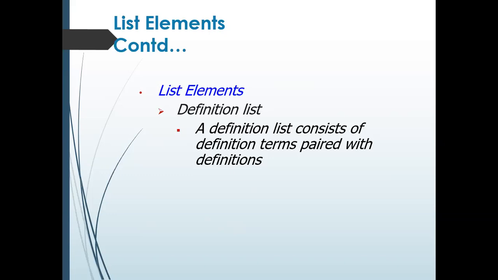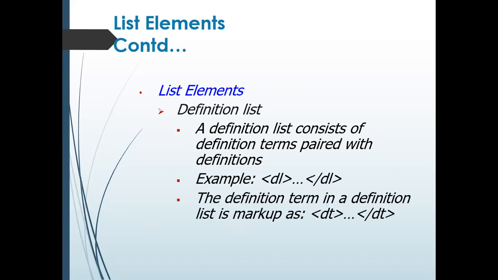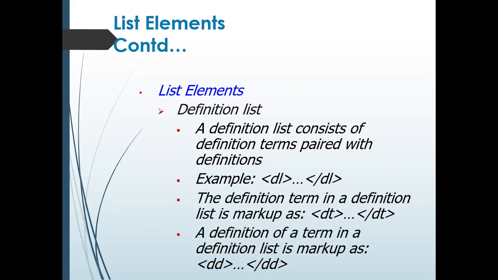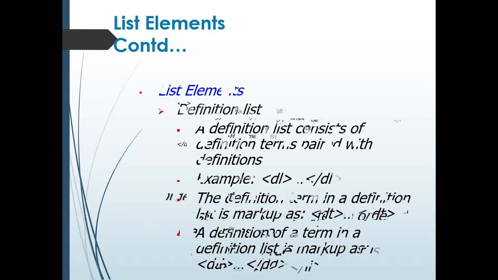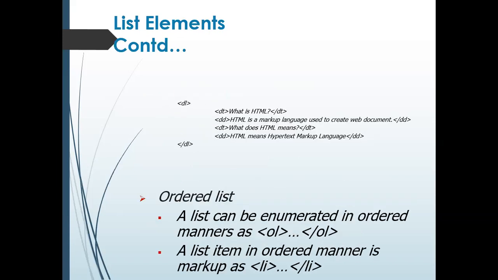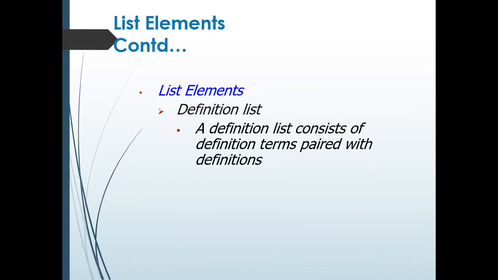So there are tags for inserting lists. Starting with the unordered list, the tag is UL, and then all the items will be listed with the LI tag. So, for instance, we'll go back to our code editor.